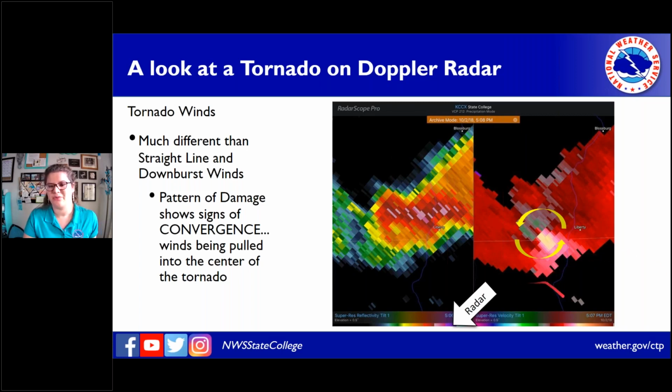Generally, that means rising motion. When we have rising motion, we have thunderstorms and tornadoes. So this is actually telling us that we do have rotation. It doesn't necessarily mean there is a tornado at that instant right now, but that does mean that we do see rotation and probably the potential for this storm to produce a tornado.